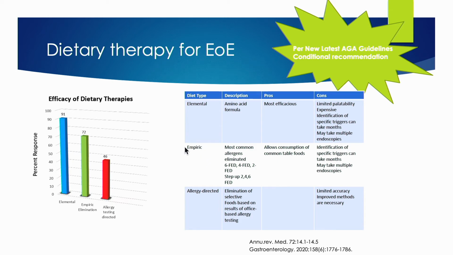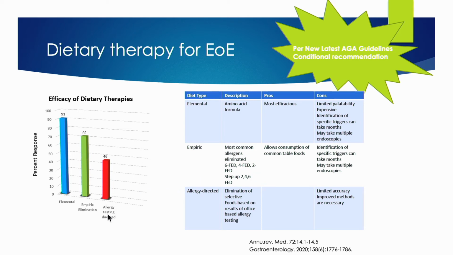The most common dietary strategy is what we call empiric, and the most common is the 6-food elimination diet, but there's a 4-food elimination diet, 2-food elimination diet, and what we call the 2-4-6 step-up elimination diet that we'll talk about in a second. It also requires multiple triggers. It has less efficacy than the elemental diet, so that's a drawback.